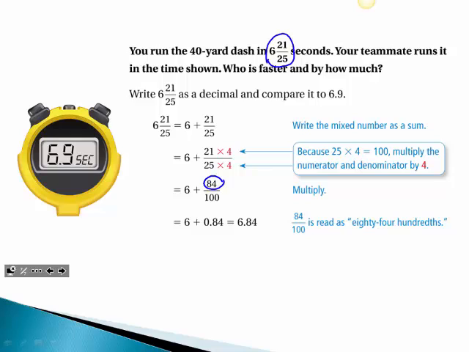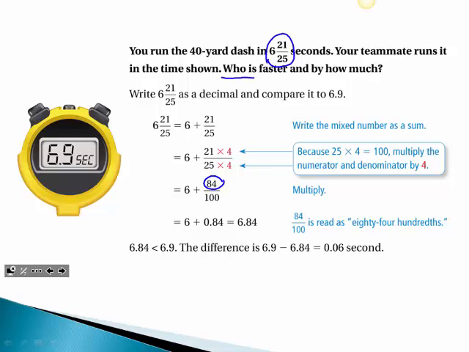By looking at this decimal, you can see that 6.9 is actually bigger, which means you are faster. Because the smaller your time, the faster you are. So who is faster? You're faster.